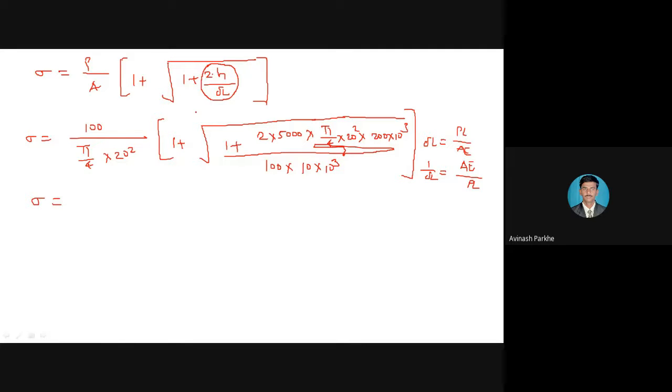Now do the calculations and tell me the answer. What will be the stress induced in that particular rod due to the impact loading?